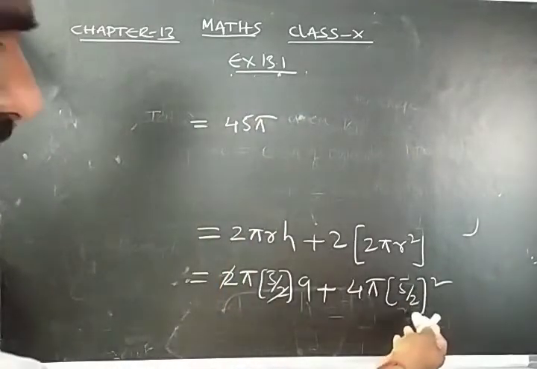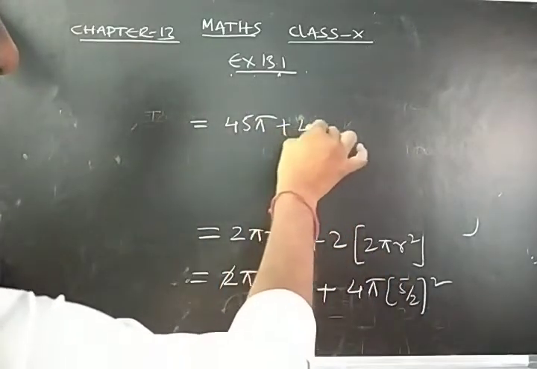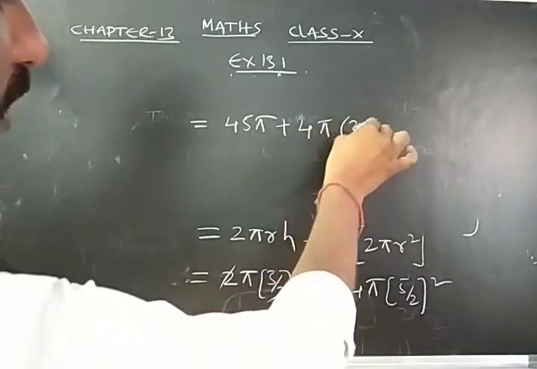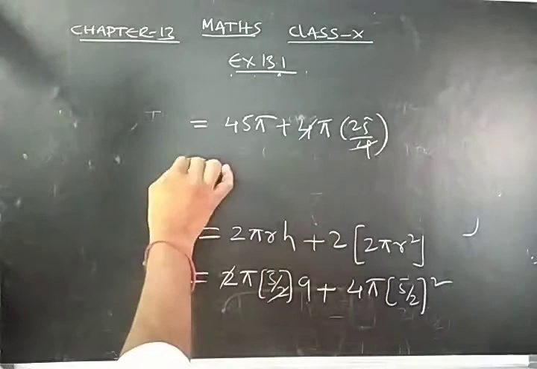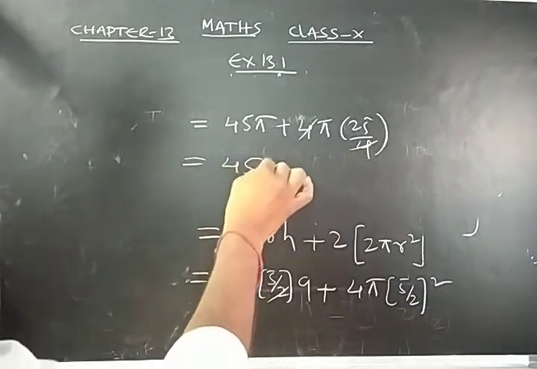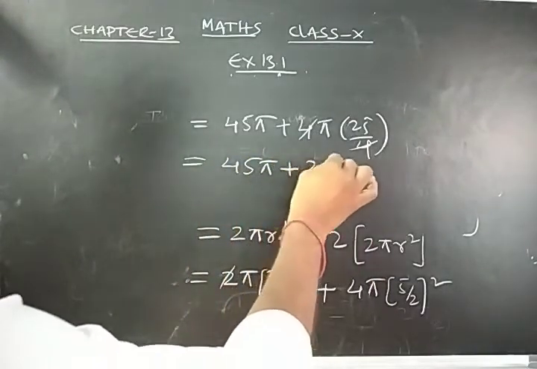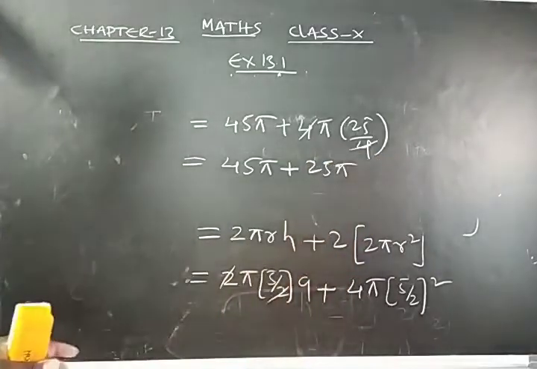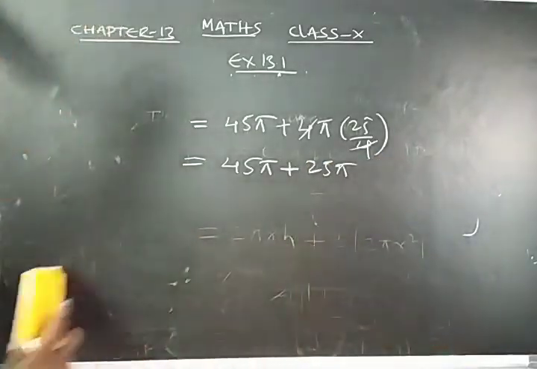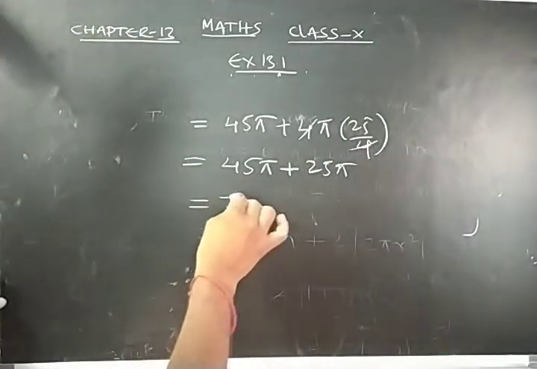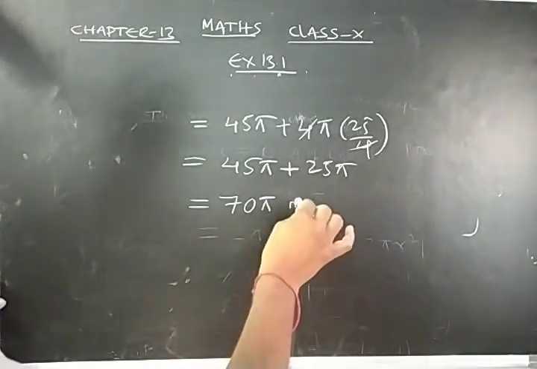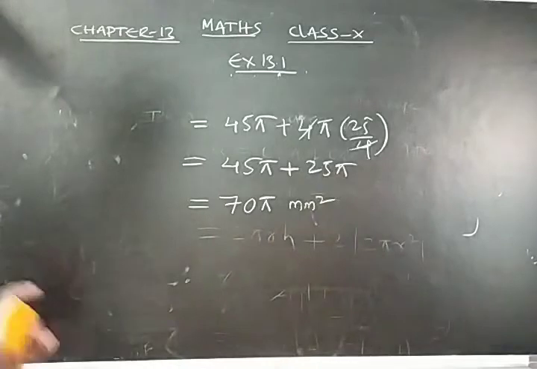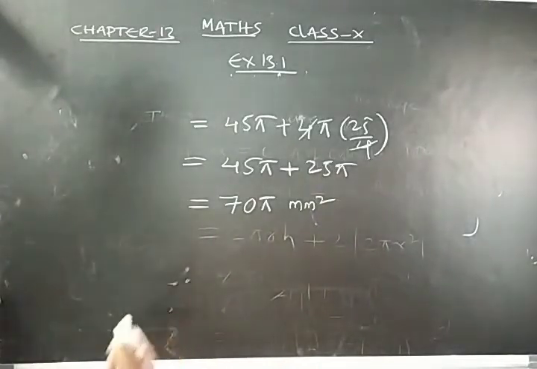Here 5 fives are 25 by 4. Plus 4 into pi into 25 by 4. The 4 cancels. 45 pi plus 25 pi. 45 plus 25 is 70 pi. 70 pi is the total surface area of the capsule.